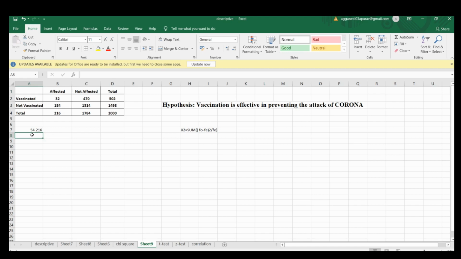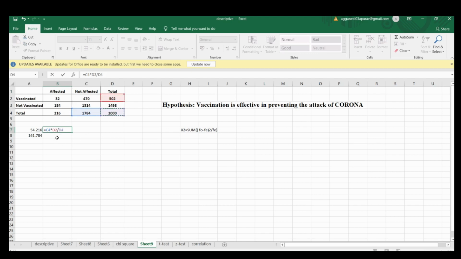Then total of row multiplied by total of column divided by grand total.